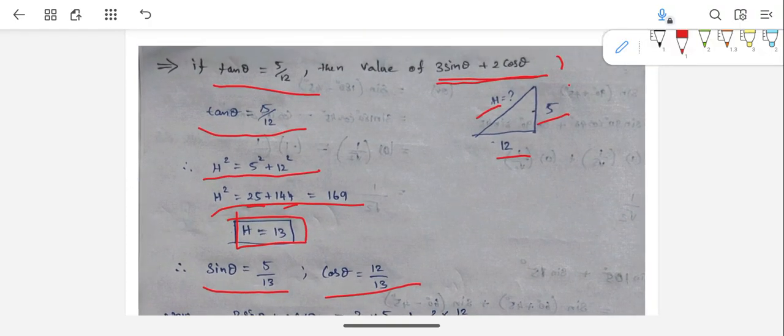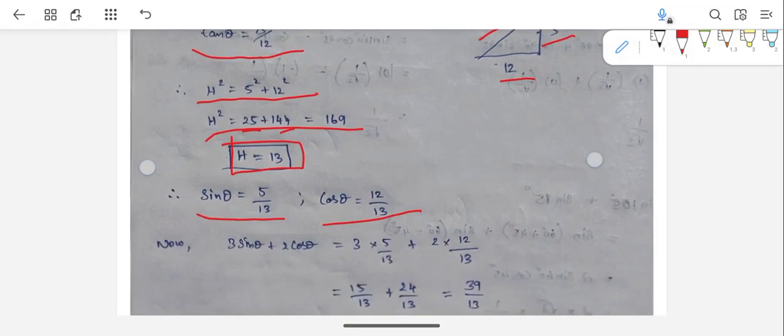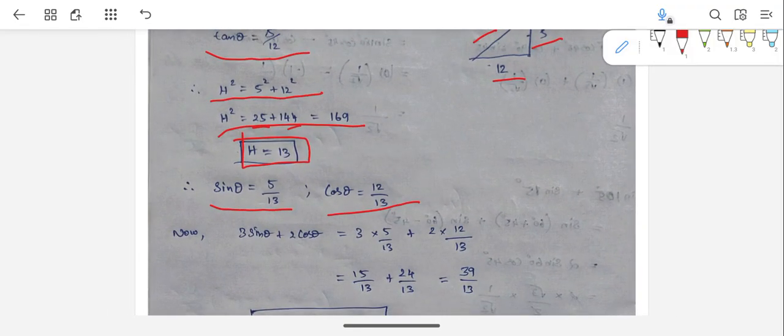Now substitute them in the expression 3 sine theta plus 2 cos theta: 3 into 5 by 13 plus 2 into 12 by 13.